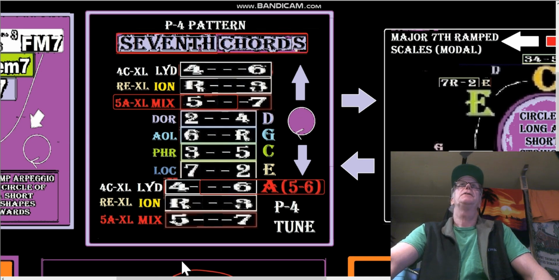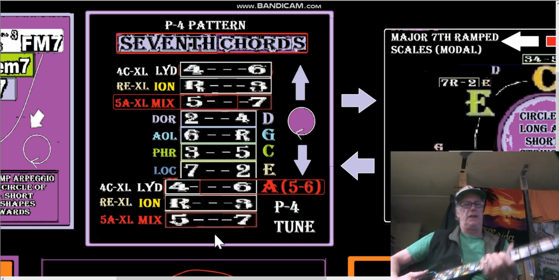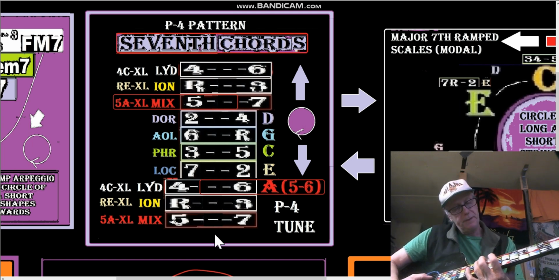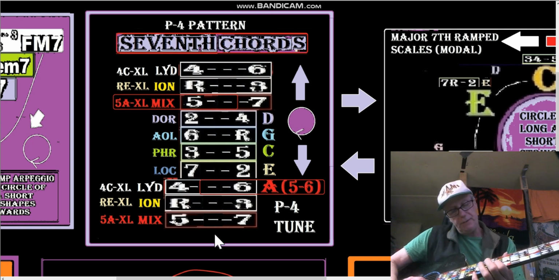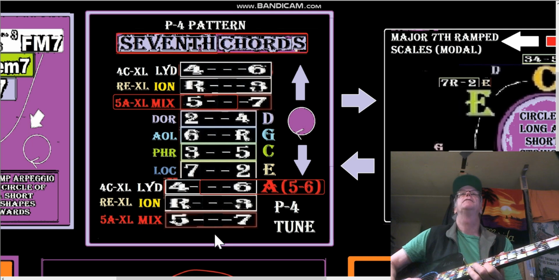But how do we play this pattern stack? For seventh chords, it's a ramp pattern stack. If we just played this normal and started on the bottom string, let's start on G: 5, 7, then root 3, then 4, 6, then 7, 2, then 3, 4, 3, 5.